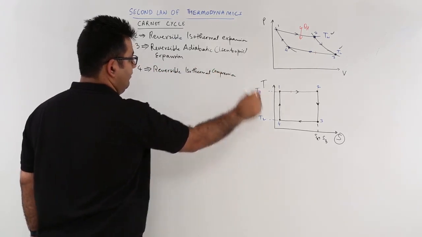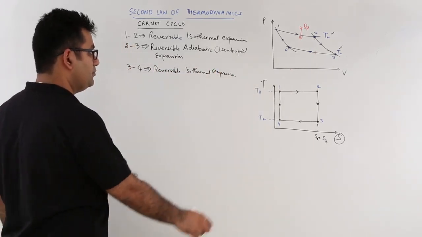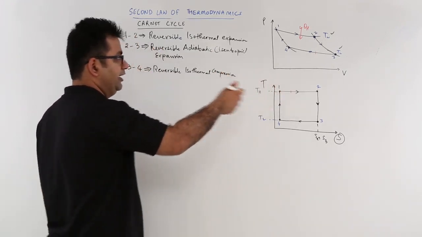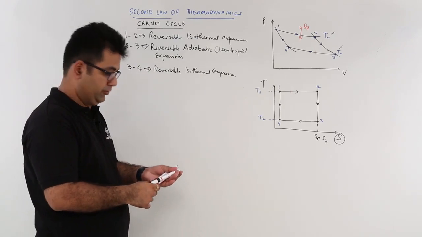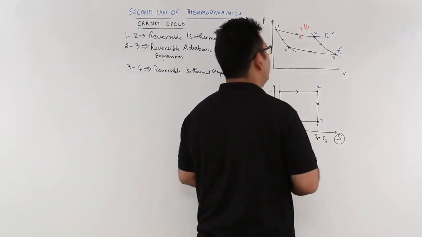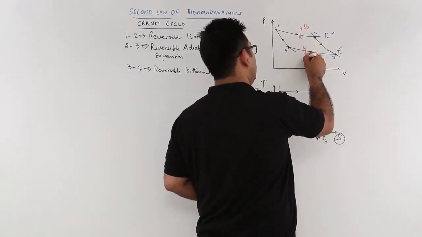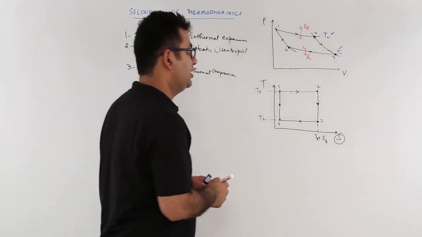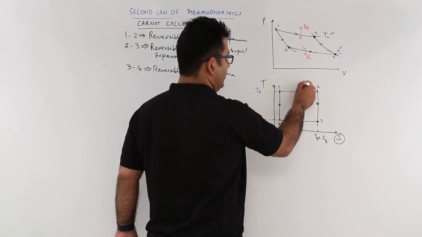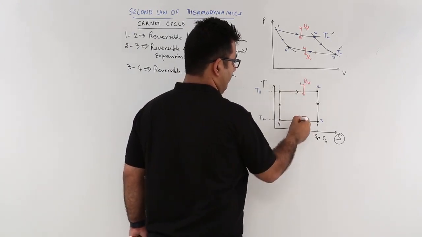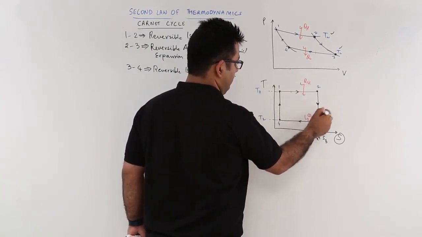Because it is being compressed, the gas inside becomes hot, so it will now reject heat. This is the heat rejection at temperature TL. You will have some heat over here and some heat over here.